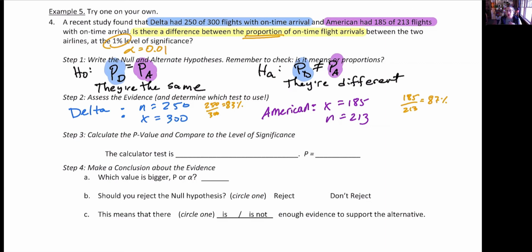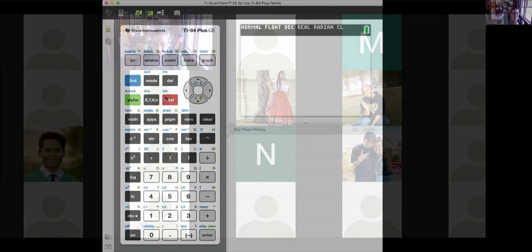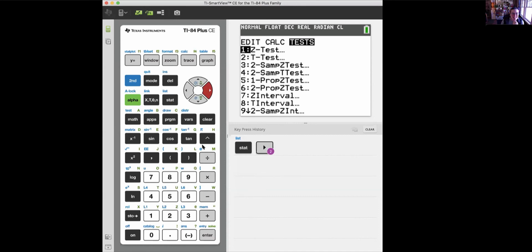That's what we're going to use the calculator for. So we go to STAT, TESTS. This still is the 2-PropZTest, because we have 2 samples and their proportions. Remember that it ends in Test, as in hypothesis testing. 2, because we have 2 samples, and Prop means proportions.